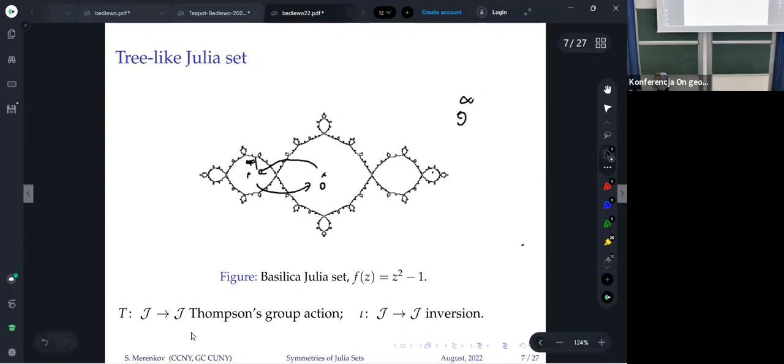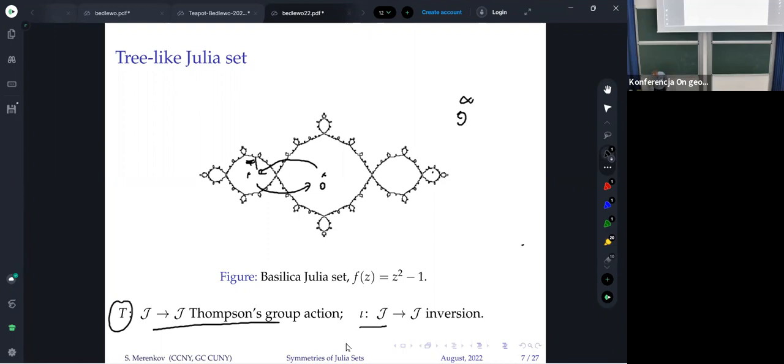There's a so-called Thompson group T acting on the set. I will explain what this Thompson group is and how it acts on the Julia set. It's an infinite group. It acts faithfully on the Julia set. And there's also an inversion. And I will state a result later that these two generate the full group of quasisymmetries. Or at least they don't generate the full group of quasisymmetries, but their closure does, the closure of T and this inversion.